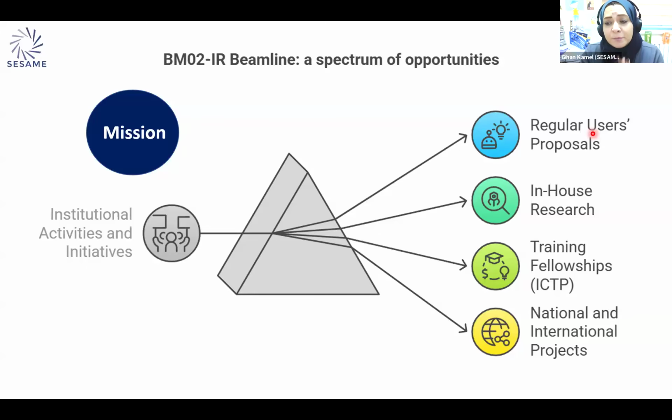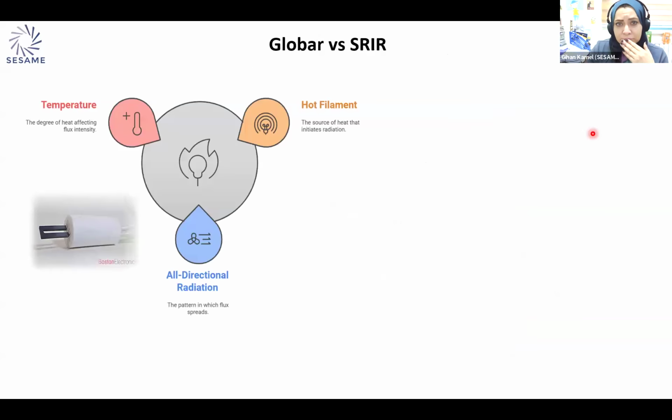I'm putting ICTP here because with the ICTP I had the opportunity to train 4 students a few years ago with a full fellowship granted by the ICTP, as well as we are also running national or international projects with other institutions and synchrotron light sources worldwide.